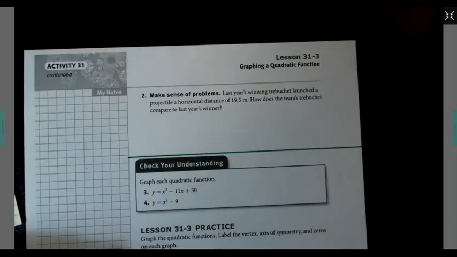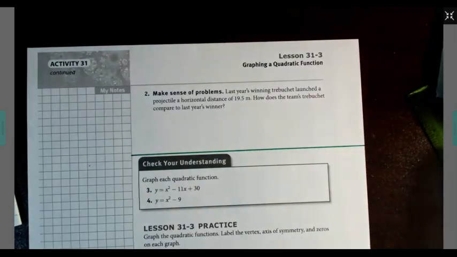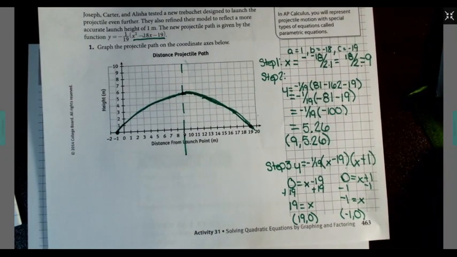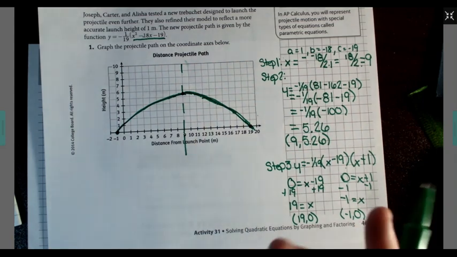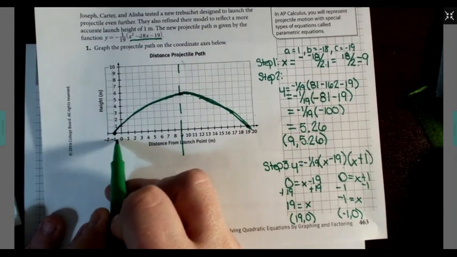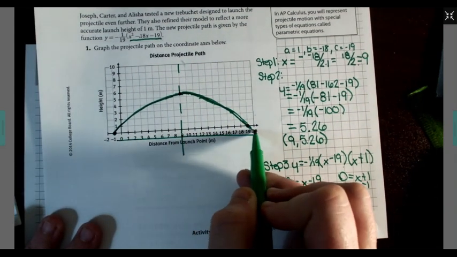Okay, 19.5 horizontal meters. How far did they launch theirs?